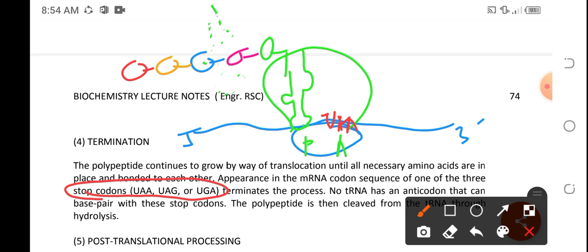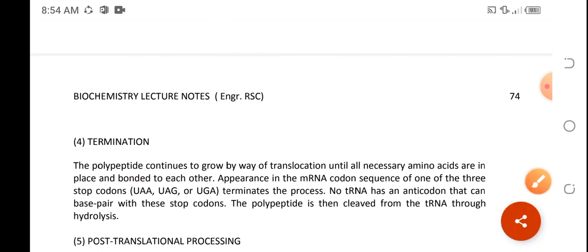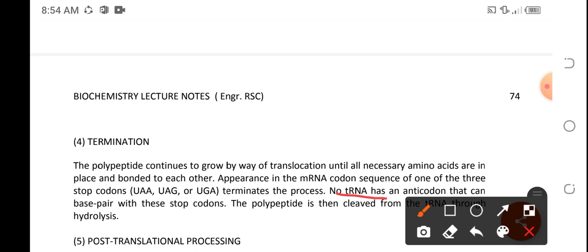So walang darating na tRNA here. With that, mataterminate na, ma-stop na yung protein synthesis. Okay? Kasi walang darating na activated tRNA. Okay? So ito yung sabi niya, no tRNA has an anticodon that will base pair with the stop codon. Okay? So walang tRNA na makikibase pair with the stop codon.